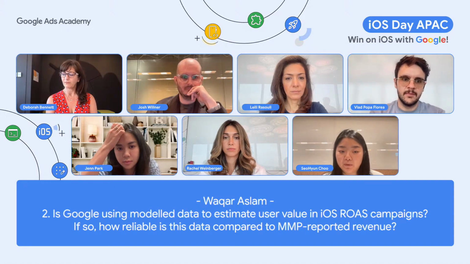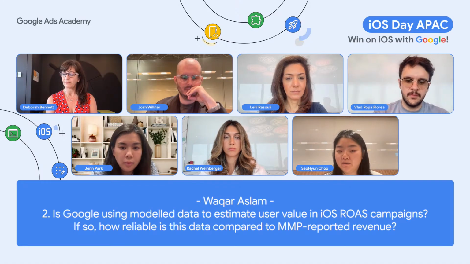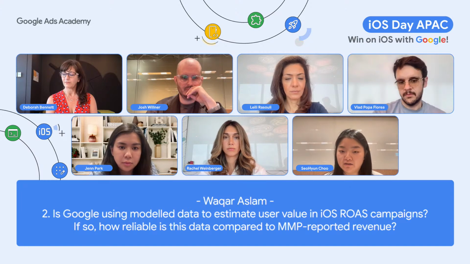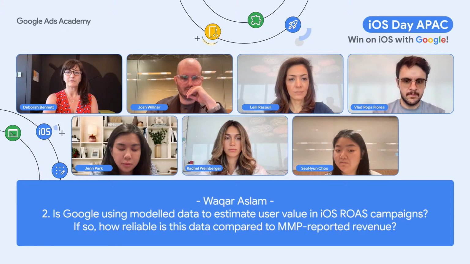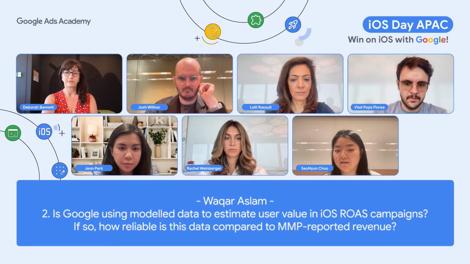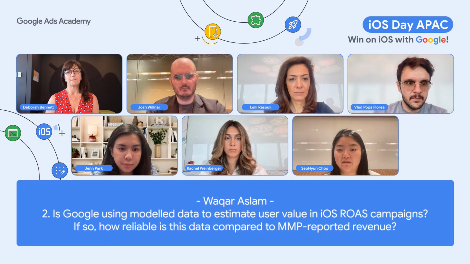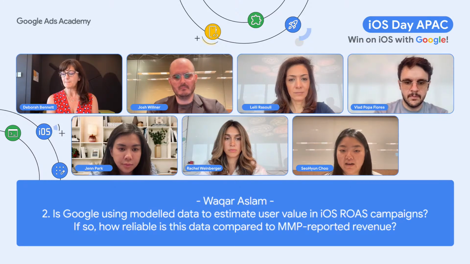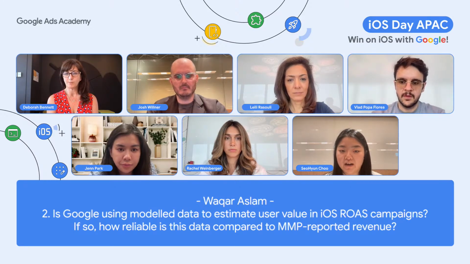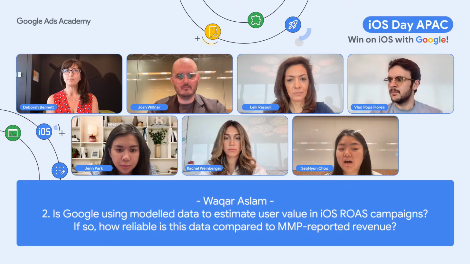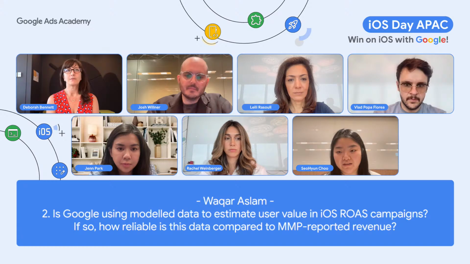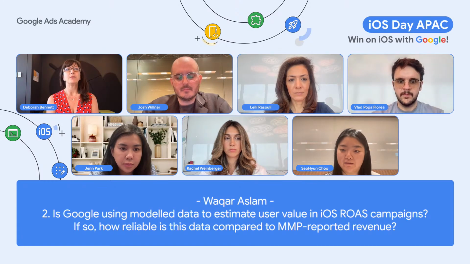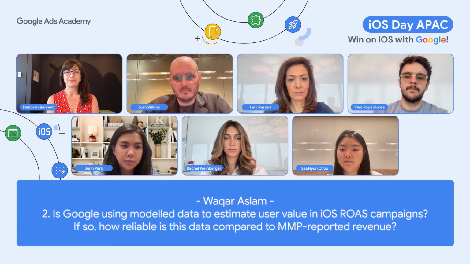In regards to reporting, discrepancy between modeled conversions in our Google Ads front end versus MMP reporting is to be expected, as they use different attribution windows and differences in how the conversions are attributed. How much will really depend on which app reporting you're referring to, so there will be some variance in discrepancies as well.